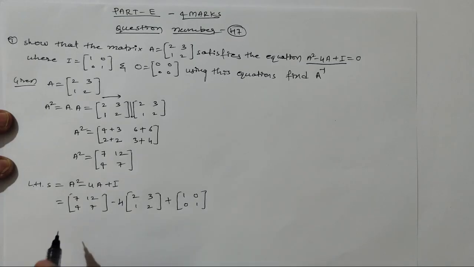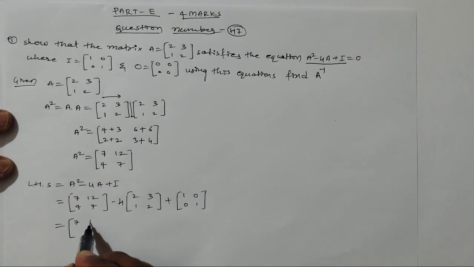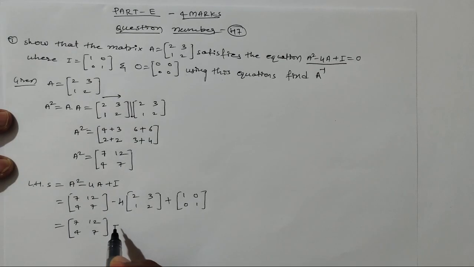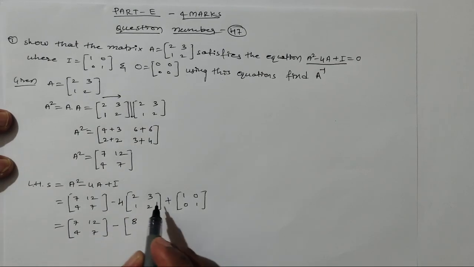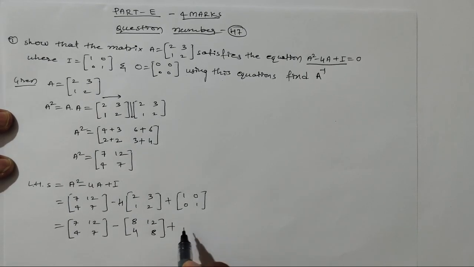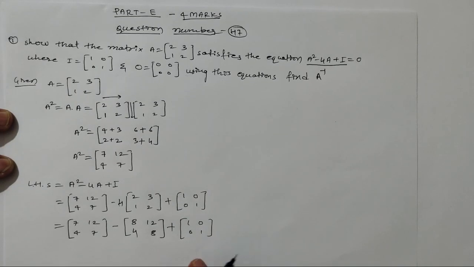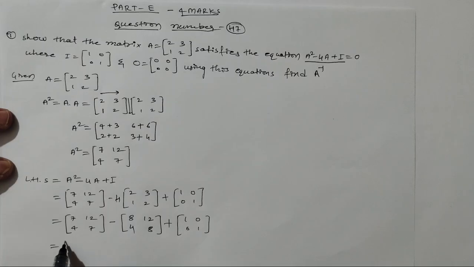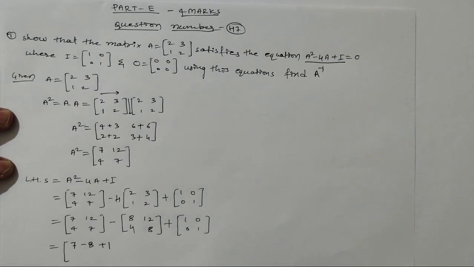So that is [7 12; 4 7] minus [8 12; 4 8] plus [1 0; 0 1]. 7 minus 8 plus 1, 12 minus 12 plus 0, 4 minus 4 plus 0, 7 minus 8 plus 1.